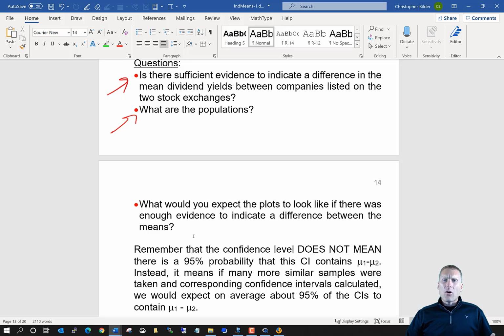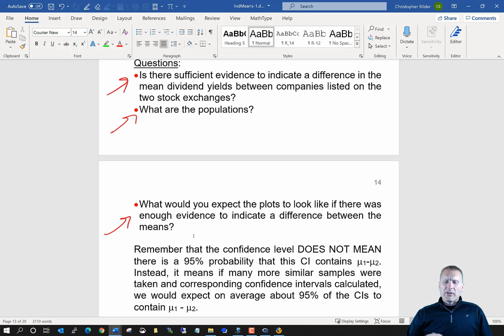But over time, changes do occur. And so to some respect, our populations are probably stocks on these stock exchanges within a much shorter period of time corresponding to when that sample was taken.